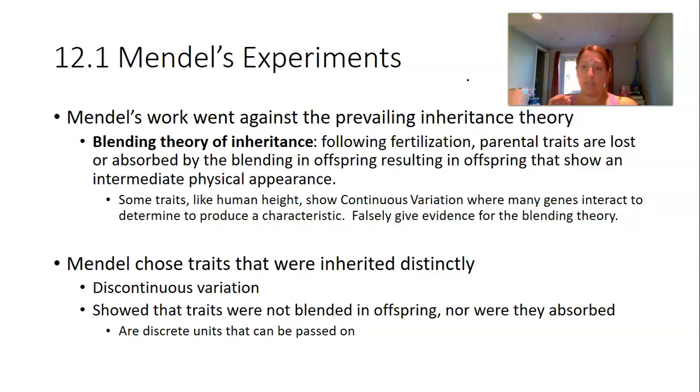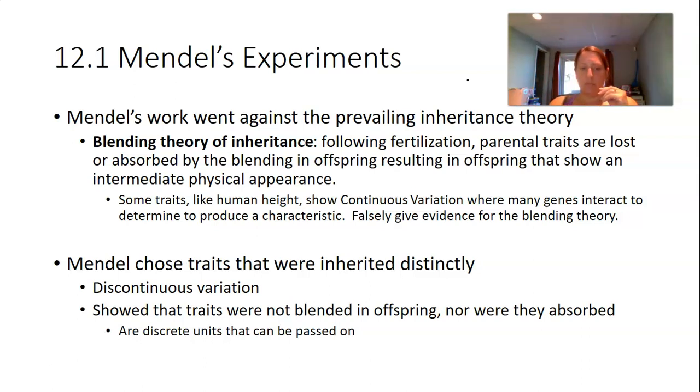So thankfully, when Mendel chose his model organism and he chose his traits to study, he studied traits that were discontinuous, which means that those traits were controlled by one gene. And when you look at offspring, you do not get this blended phenotype. Okay?